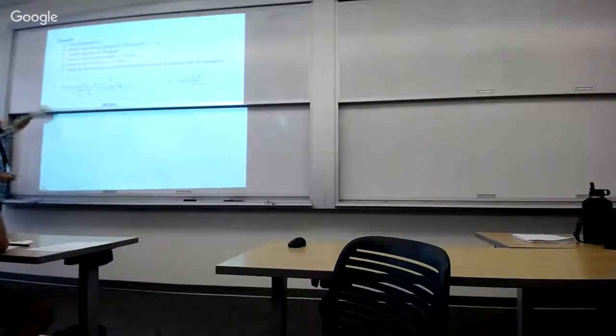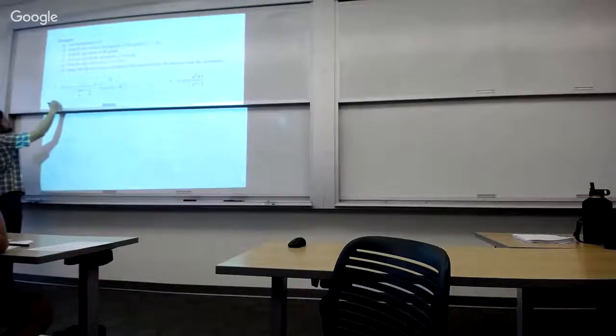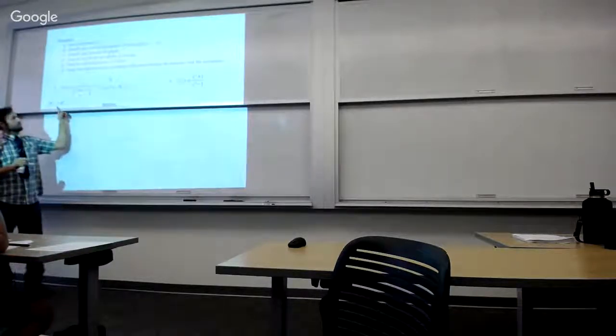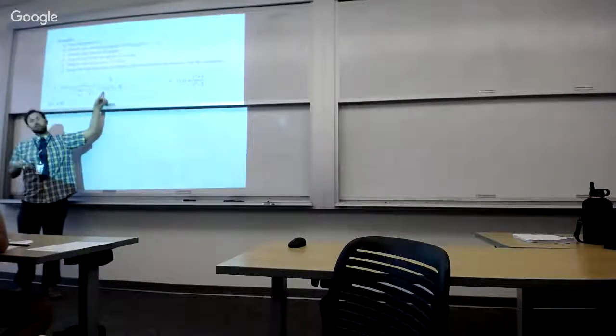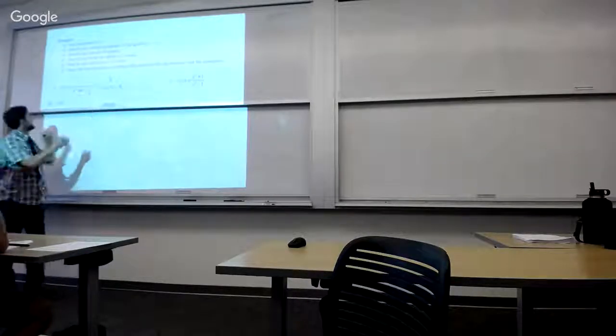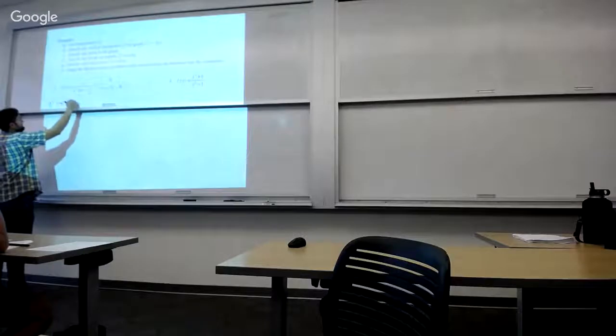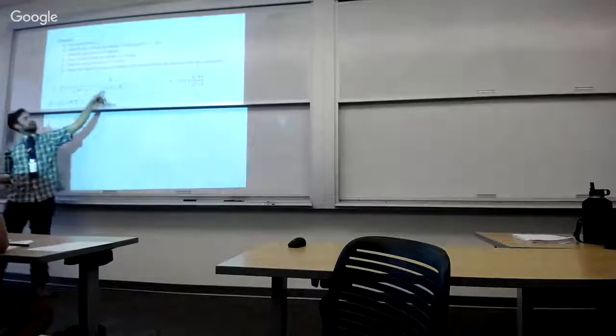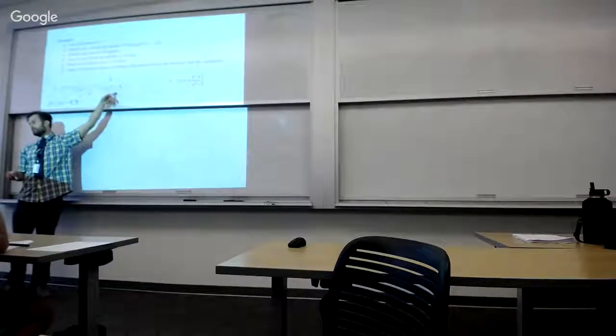So let's go ahead and walk through the steps real quick so that we see how to do it. Find the domain. So what can't x equal? Maybe at this point we can just go ahead and, just by looking, what can't x equal? -4 or 3. So x can't equal -4 or 3. Furthermore, neither of those got canceled, so they're both vertical asymptotes.